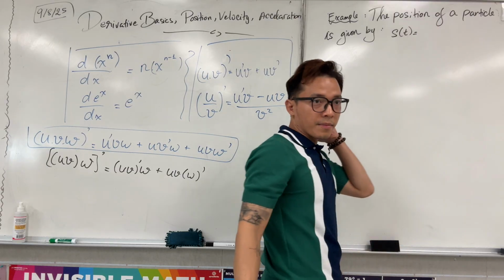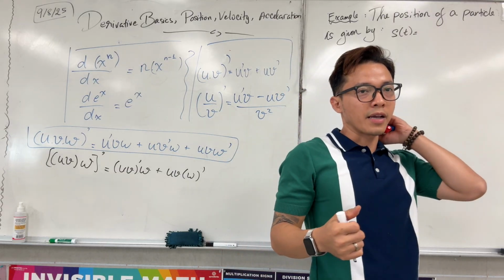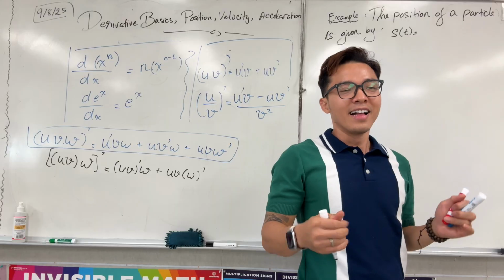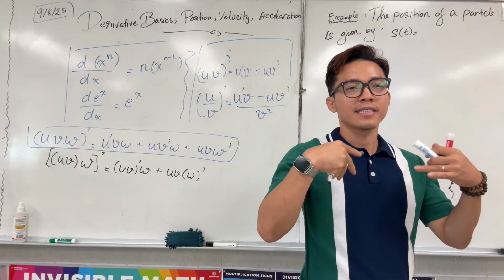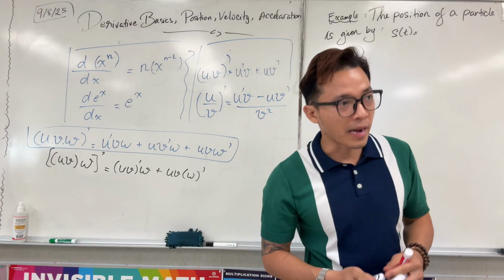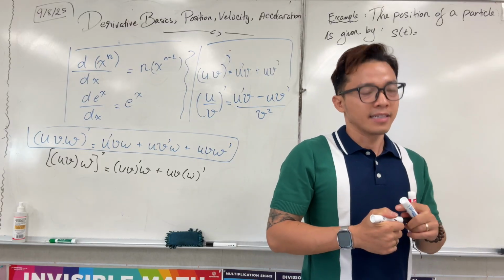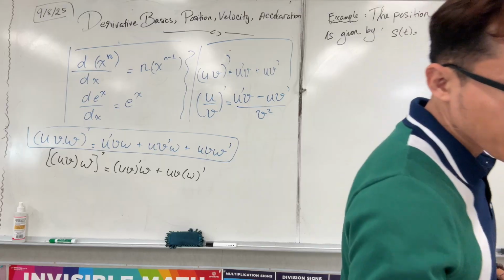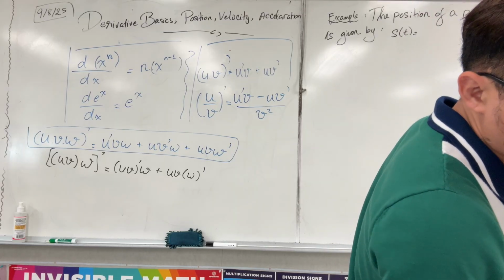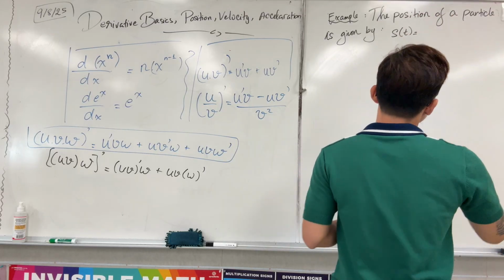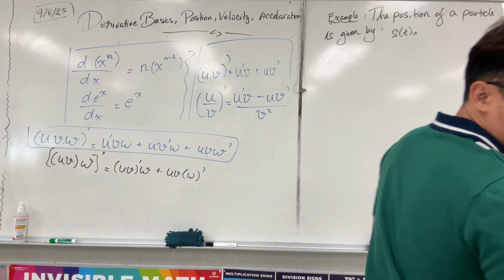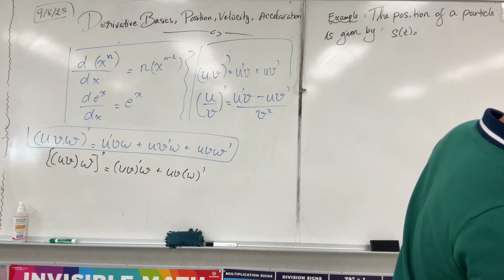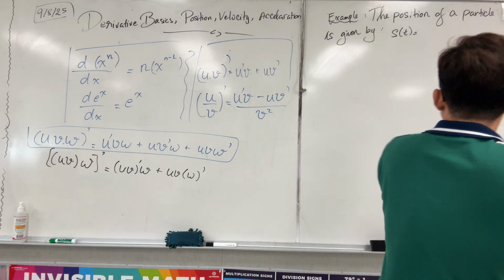How do you find the velocity? The derivative. How do you find the acceleration? Twice, right? Second derivative. That's good. I think that's all you need to know. t cubed minus 6. Okay, let's.